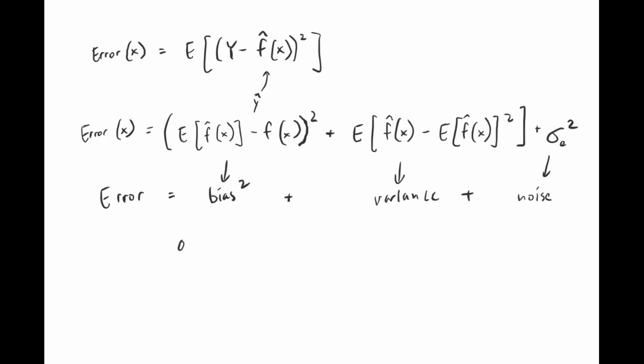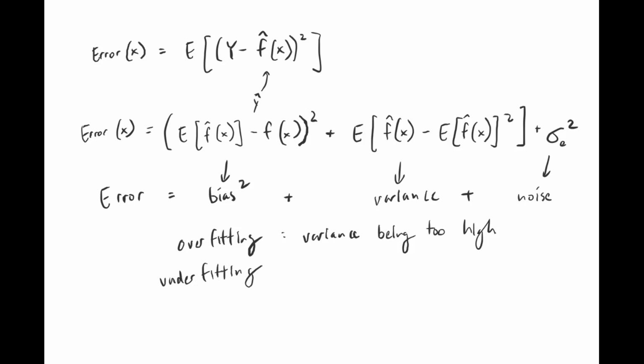And when you have overfitting, so this is when we have a lot of model complexity, you worry about the variance being too high. And then when you have underfitting, the bias is too high.